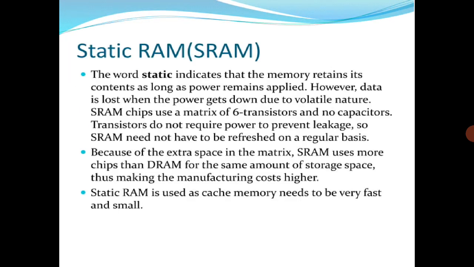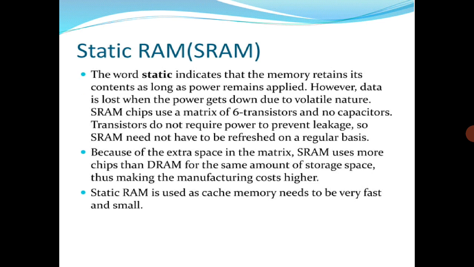Static RAM retains the memory as long as the power remains applied. However, the data is lost when the power goes down, due to the volatile nature. Because of the extra space in the matrix, static RAM uses more chips than dynamic RAM.